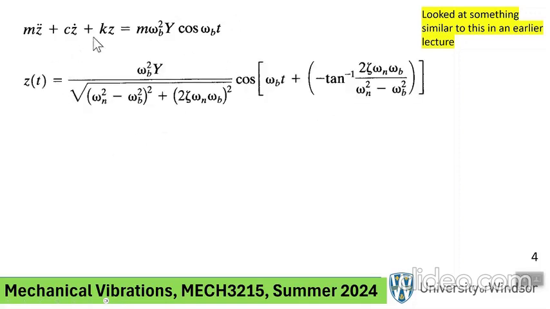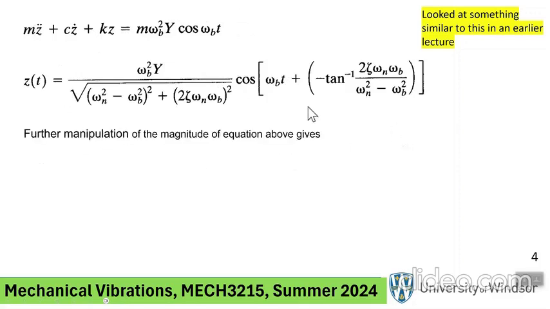So for your reference, I've written it once again here, and this looks very familiar to us because when we did base excitation on the harmonic loading, we got pretty much exactly the same kind of equation, okay? And we got the solution to this. So if we go back to our notes, we'll see that we have solved things like this many, many times, appearing in different ways. And the solution to Z is an amplitude.